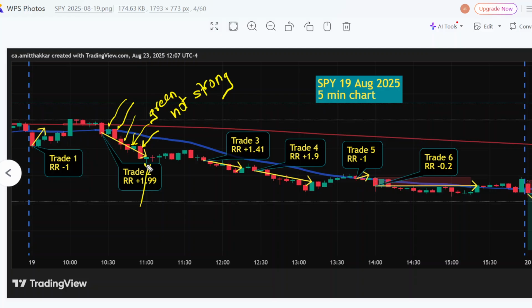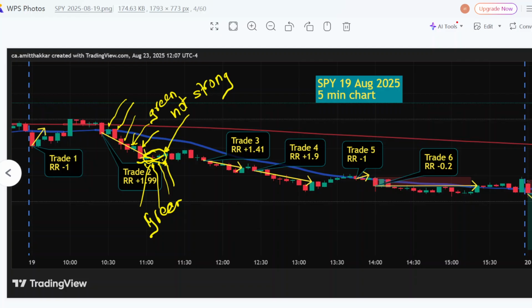This is a small doji candle, we hold. Again there's a green candle, we hold. Again there is a small doji. Again there's a green. So I think the market started turning by giving more and more green candles. So we will exit somewhere in this region. At the close of this candle, at least, we can exit the second trade.